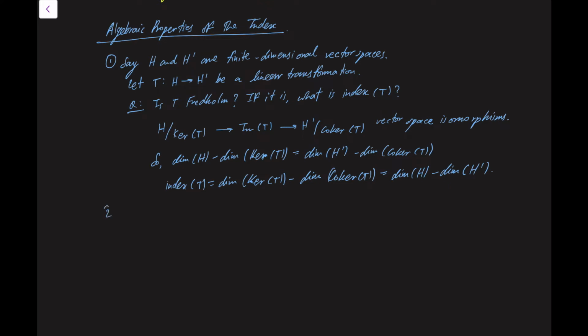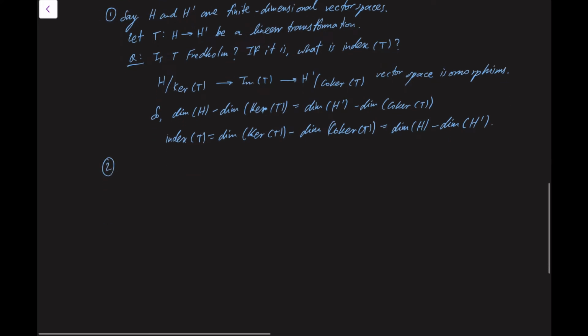A second question we could ask is, what happens when we add two operators? So we let f from H to H and G from H prime to H prime be Fredholm. In this case, H and H prime need not be finite dimensional. They are Hilbert spaces, and now we can consider their direct sum.